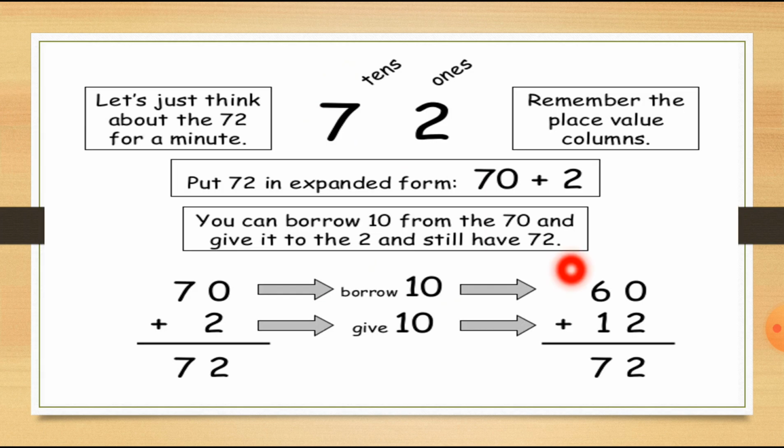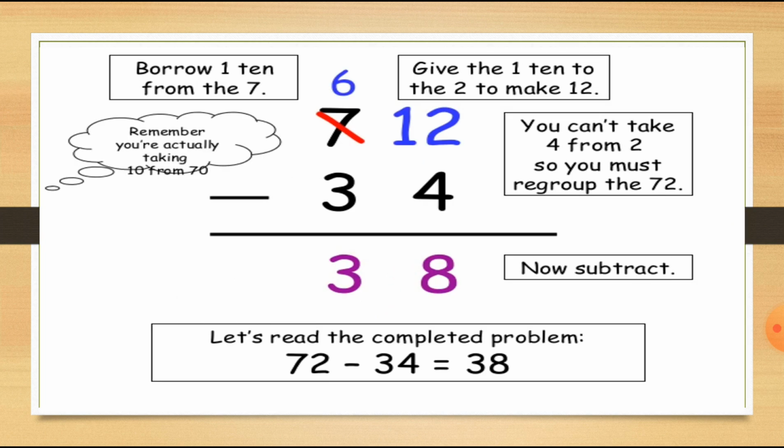As you see here, 10 plus 2, here in the 72 is the 2, we will add this 10 to 2. So 10 plus 2 is equal to 12, you can see this, here is 12. So now we have enough to subtract this 4 from it. If you cut 4 from 12, you will get 8.